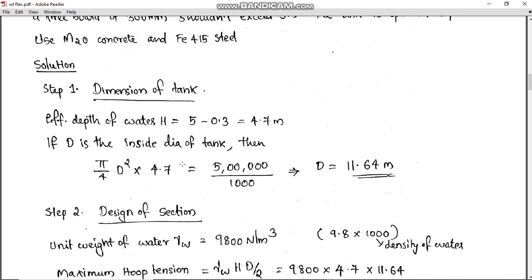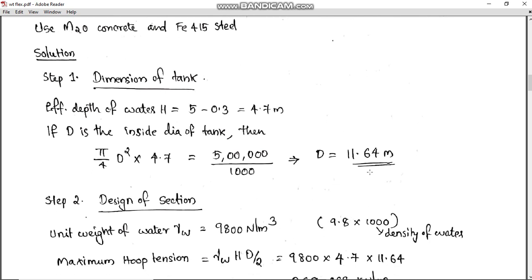So from this we have the volume given in the question, that is 5 lakh liters. Converting it into meter cube, we have it as 5 lakh divided by 1000. So from this equation we have the diameter D. We will get it as 11.64 meter.